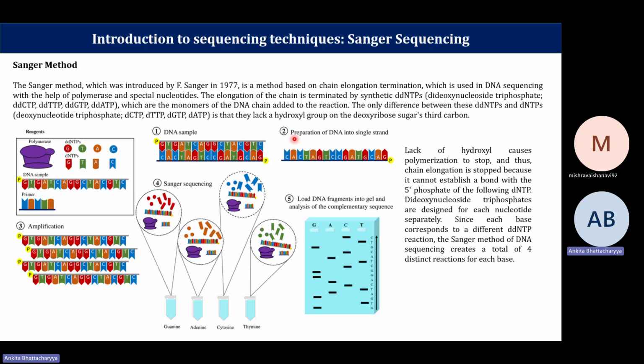And initially, the way in which these results were visualized involved the use of radioisotopes, where radio-labeled nucleotide triphosphates were used. In today's time, we use fluorophores, of course, because that's less toxic, not lethal, and it has become very affordable in the recent past.